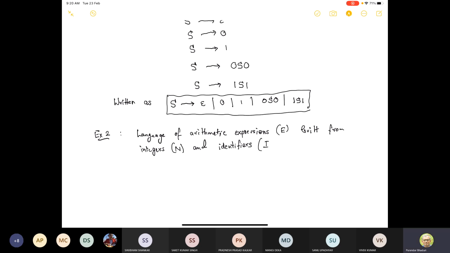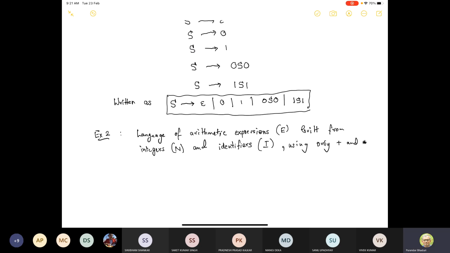And we'll use the variable I for identifiers using only addition and multiplication. So no subtraction, no exponentiation, division, etc. Right? So very simple, right?